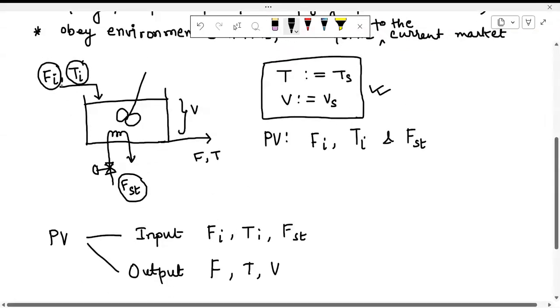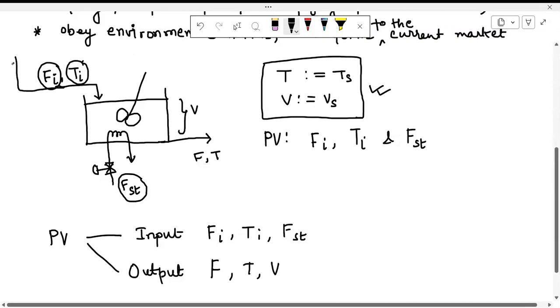Suppose this stream is coming from some other upstream process which runs in your factory itself. So you can handle or adjust this temperature and flow rates as suitable in case you want to maintain this output criteria, that is T should be equal to Ts and V should be equal to Vs.